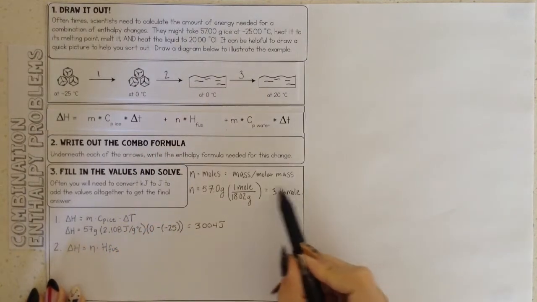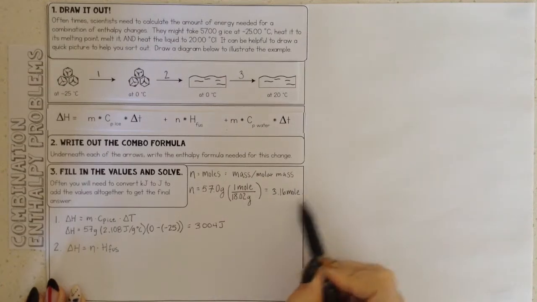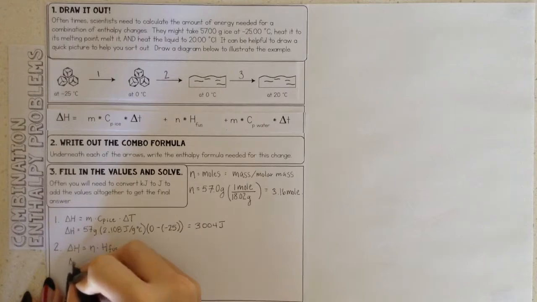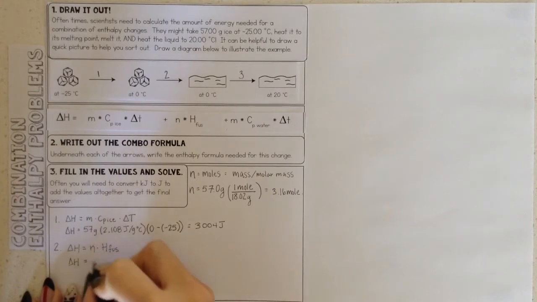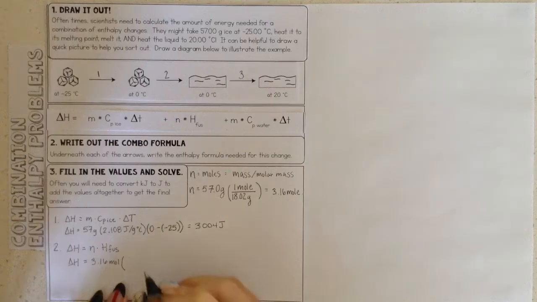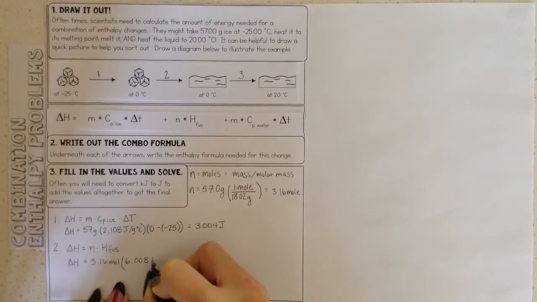And we already looked at the calculation for moles, so we have that ready to go. Heat of fusion, this is in kilojoules per mole.